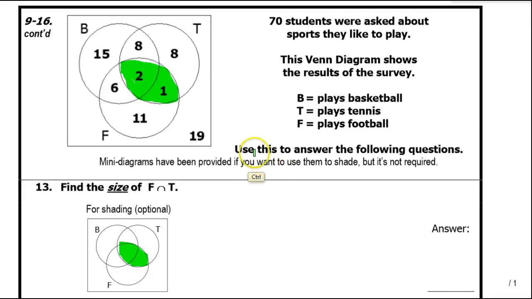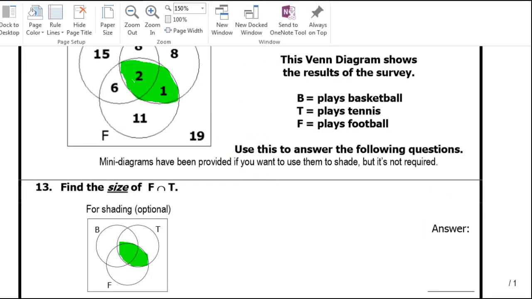And that's just the answer, not 3 out of 70, just 3.